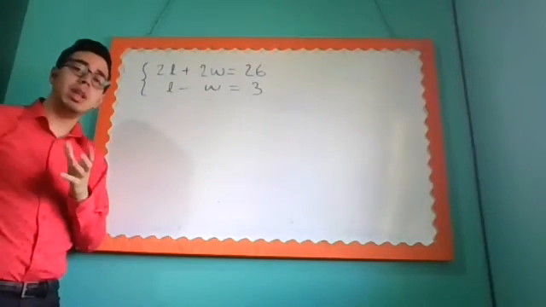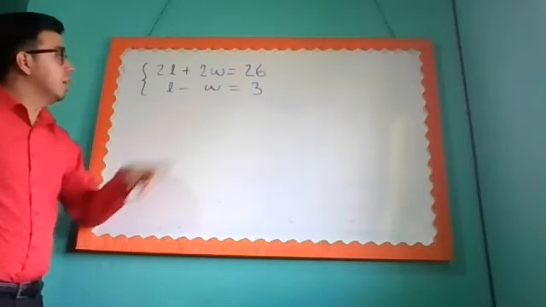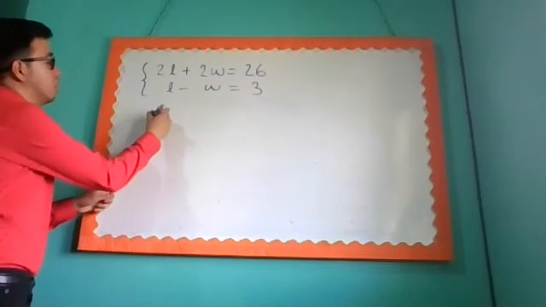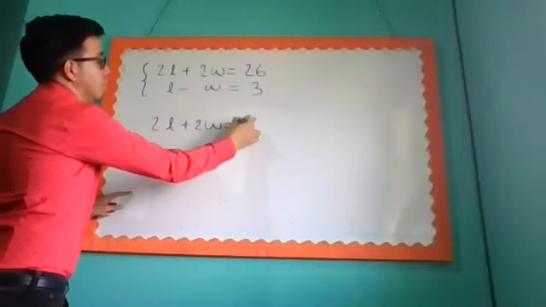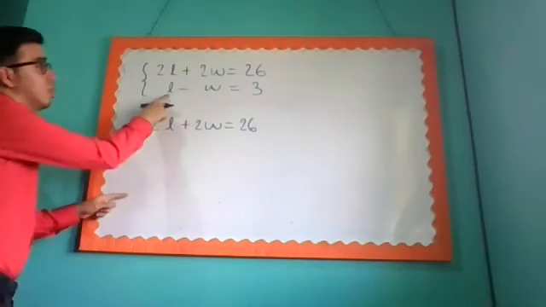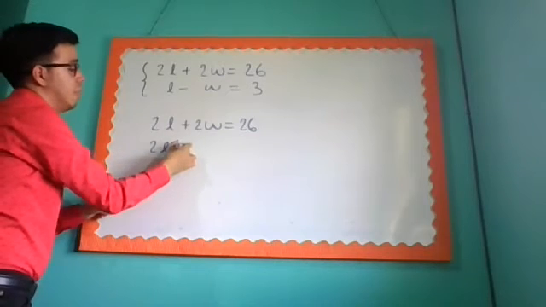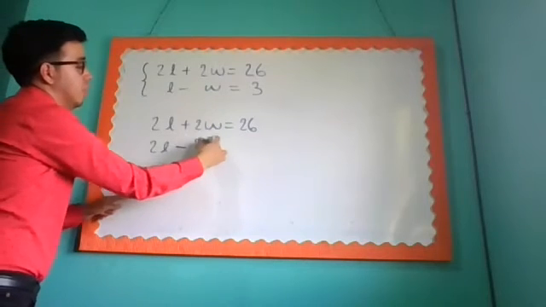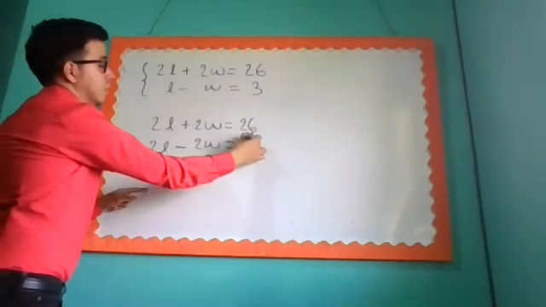So to your convenience, you choose the number that you are going to use. Only that, again, when I choose one number to modify the equation, I need to multiply it by all the terms. So if I multiply this, L minus 2W equal 6, because 3 times 2, okay?